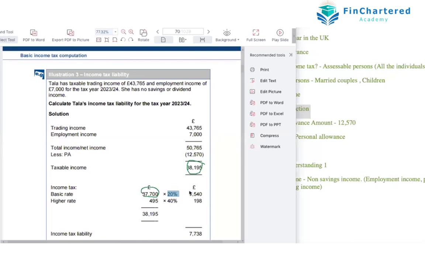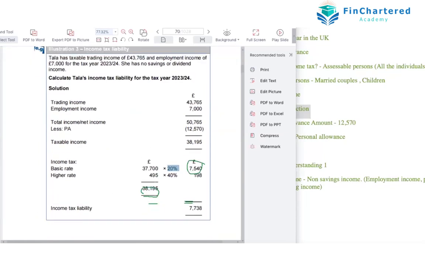So what is the remaining? The remaining is 495. Basically, 38,195 minus 37,700 is 495. For that, you will pay the next tax rate, the higher tax rate. How much is it? 40%. So 40% of 495 is 198. You will finally get the income tax liability.